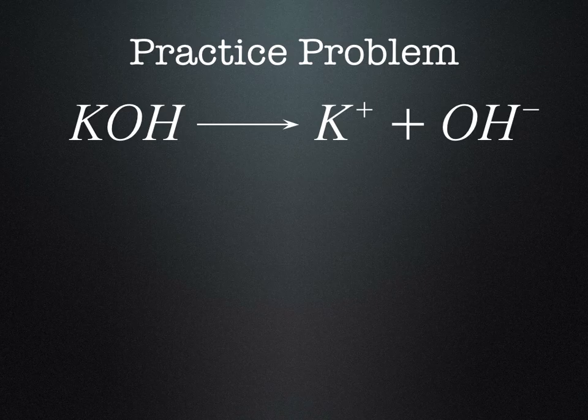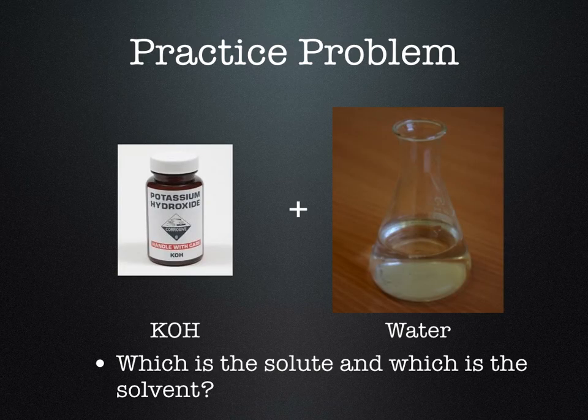So here's another practice problem. We have KOH going to K plus and OH minus. Think about the last one we just did. Is this an acidic or a basic solution? What is it producing? Look at that OH minus. Is that an acid or a base? Well, there we have it. So there's our KOH, and there's our water.